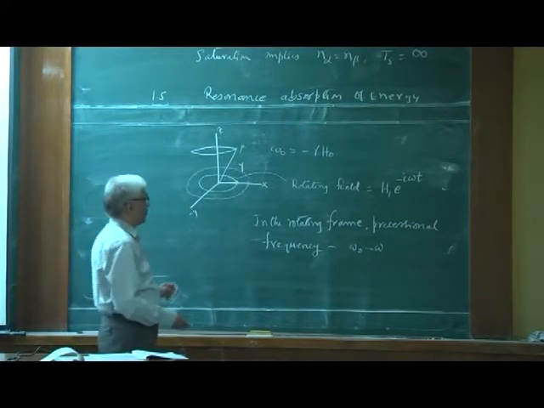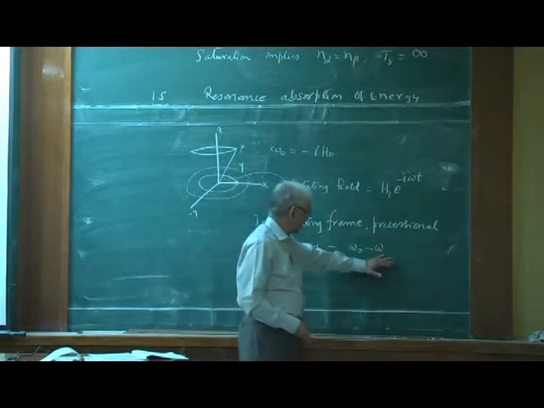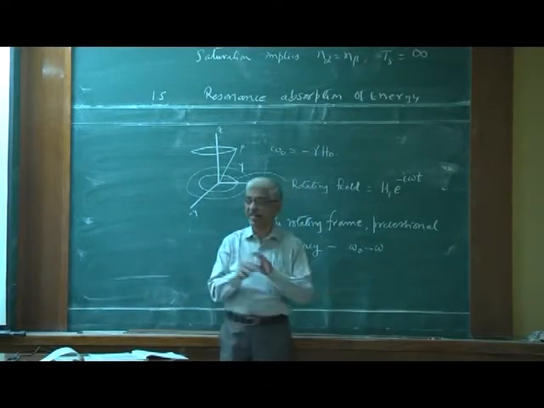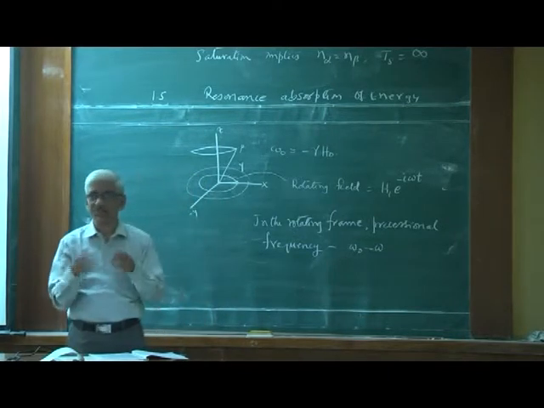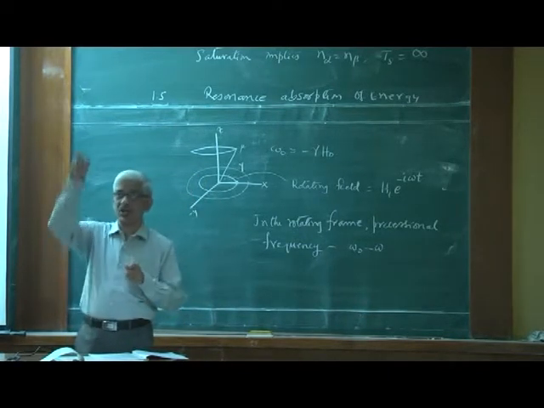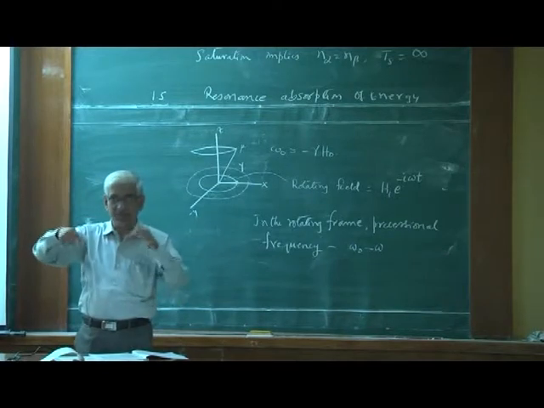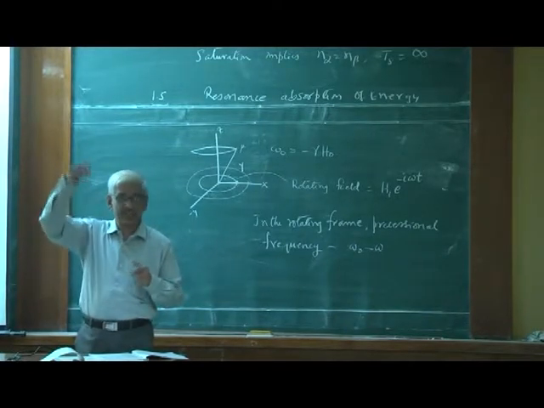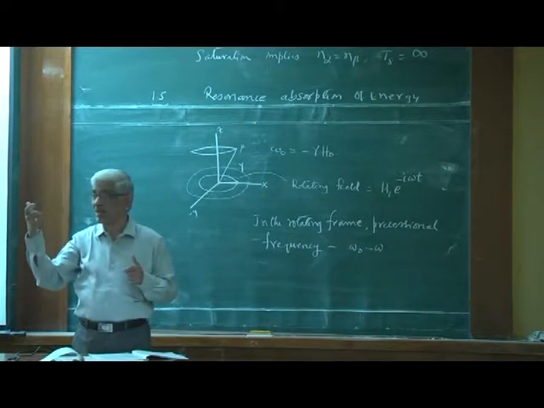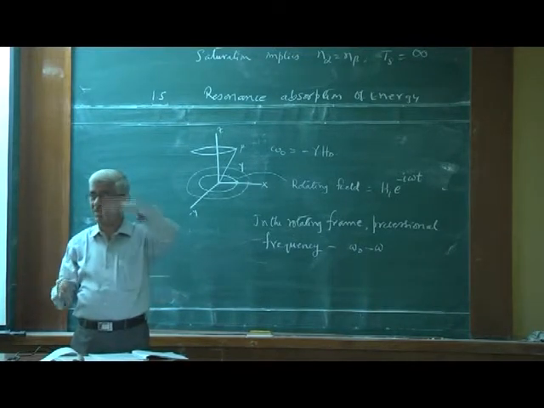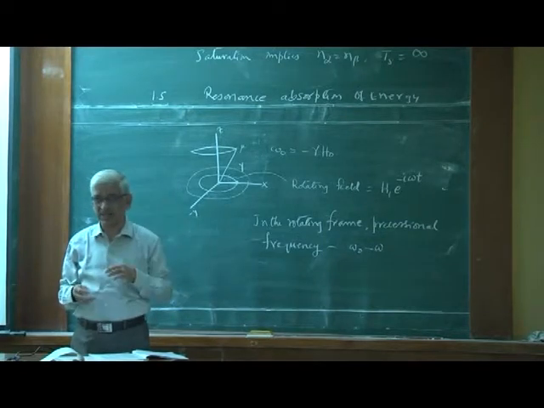Now, you have the control over omega. This is generated externally. Okay, by your equipment, by your instrument, this frequency is generated. Of course, you also have a static field which is generated externally, but that you don't change. It is a constant field. H0 field is a constant field, and that happens in the megahertz range. Okay, that energy corresponds to megahertz frequency.